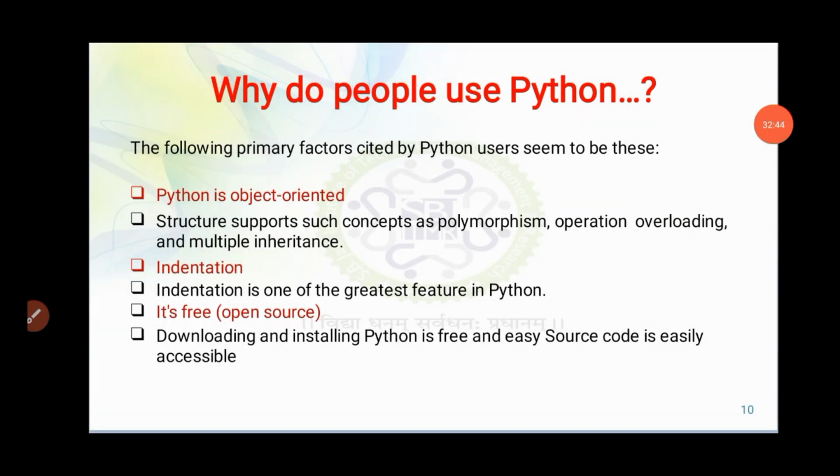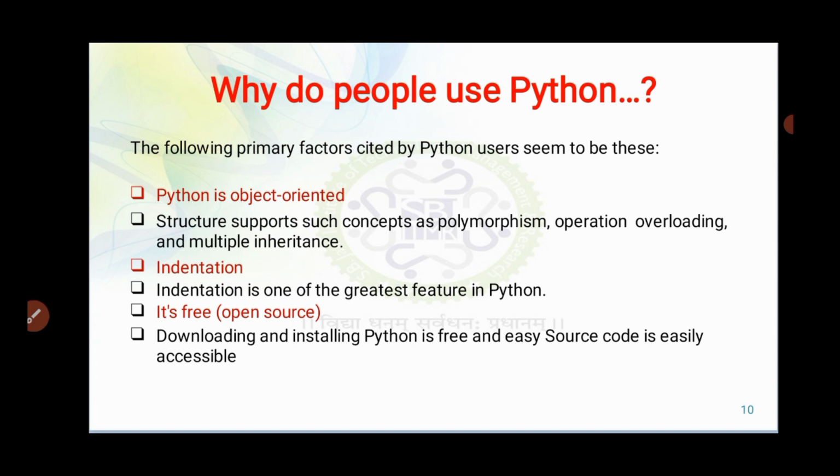The next slide here is, why do people use Python? Basically we have to see what are all the different reasons that made Python so popular within no time. It's a basic human mentality that if you don't find benefit anywhere, we will not use that particular thing.